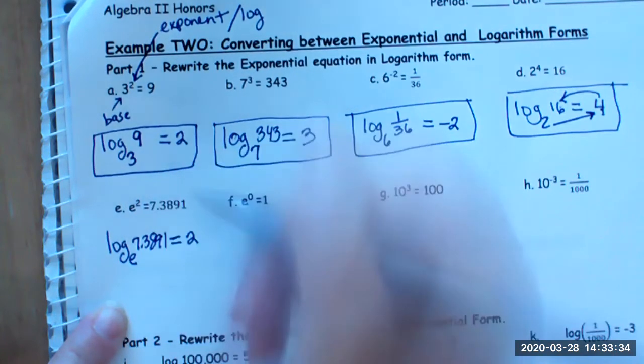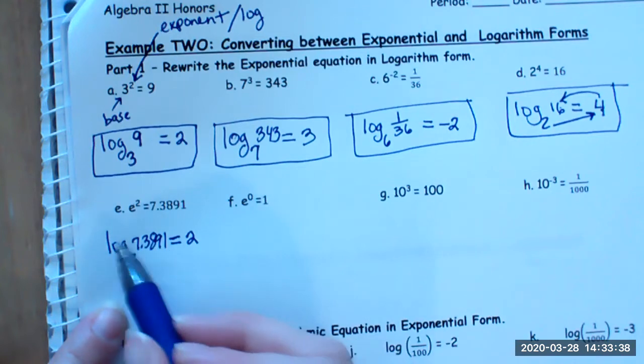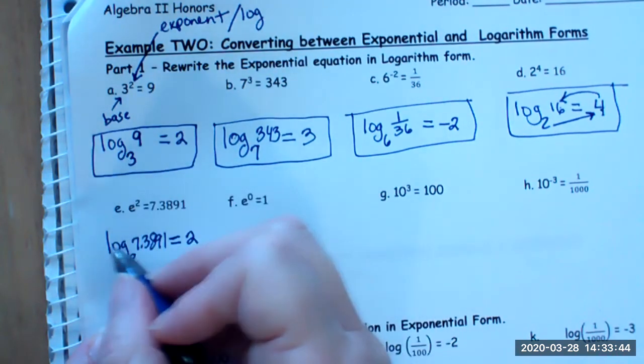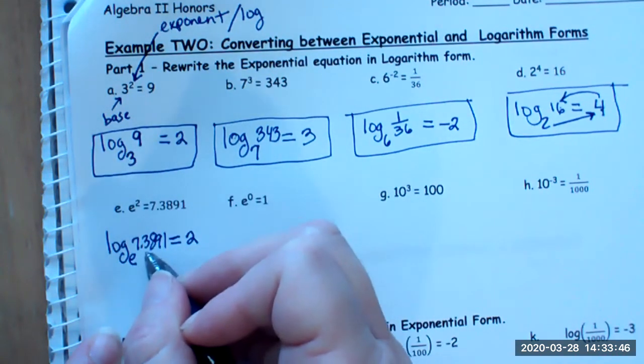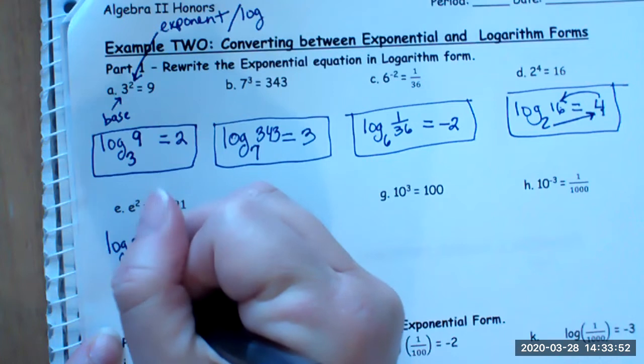7.3891. But that's not my final answer because, as I said, we don't typically write log base E. It's not wrong to, but again, if you typed it in this way on the computer in your Pearson program, it's going to mark it wrong. So you have to write it as ln, okay?